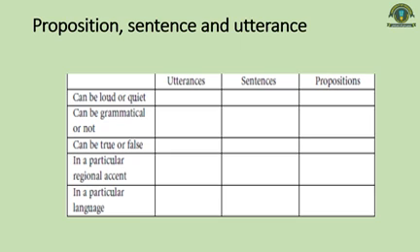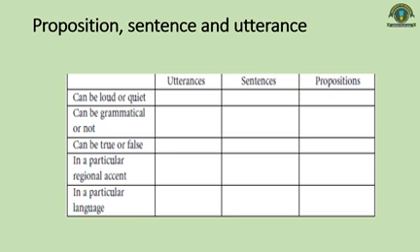What you have to do, I'll help you in doing all this: fill in the chart below with plus signs or minus signs as appropriate. Thus, for example, if it makes sense to think of a proposition being in a particular regional accent, put a plus sign in the appropriate box, and if not, put a minus sign.